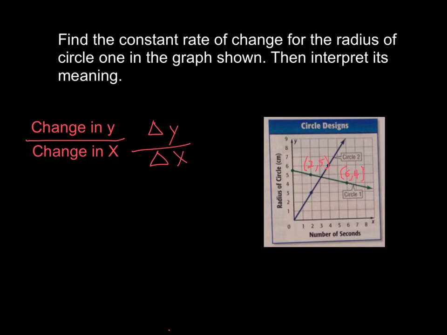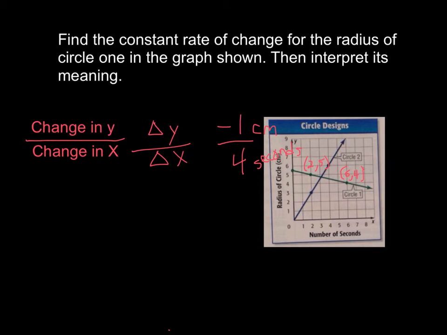So it went down 1. It was a decrease of 1. Okay, so I'm going to write that the change in y was a negative 1, and now the change in x went from this point right here, we were at a 2, and then it went to a 6. So that was from 2 to 6, an increase of 4.